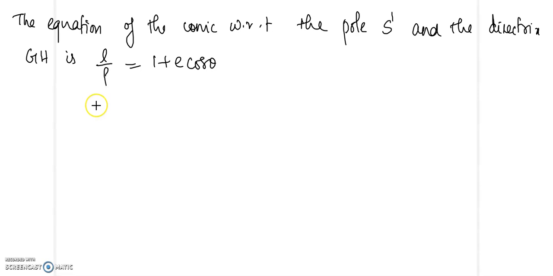So here we will get two equations. So we have L by r equal to 1 minus e cos theta, and L by rho equal to 1 plus e cos theta.